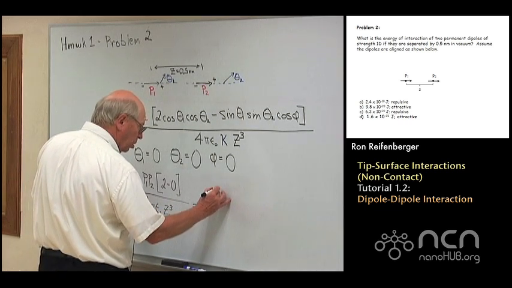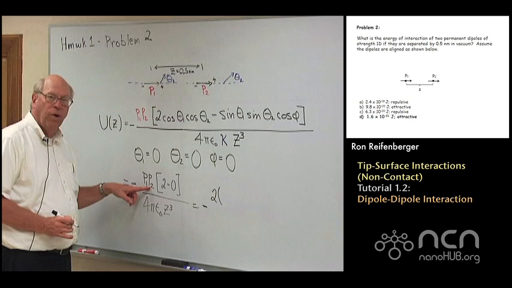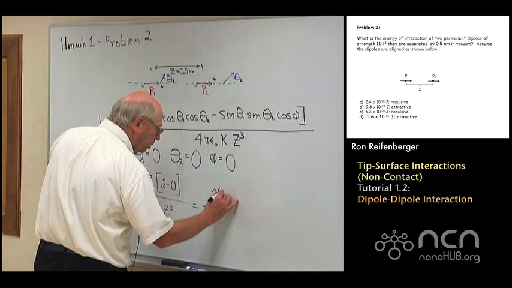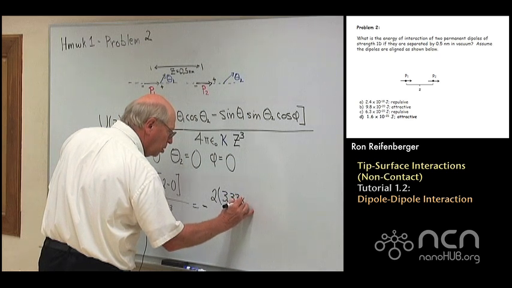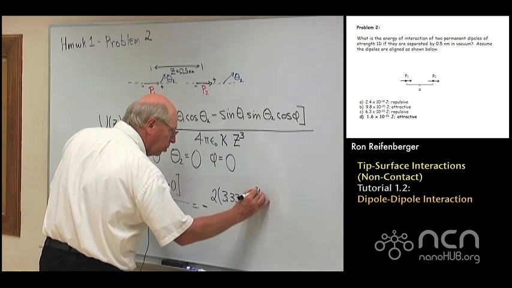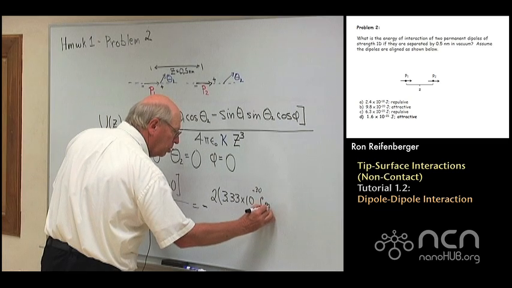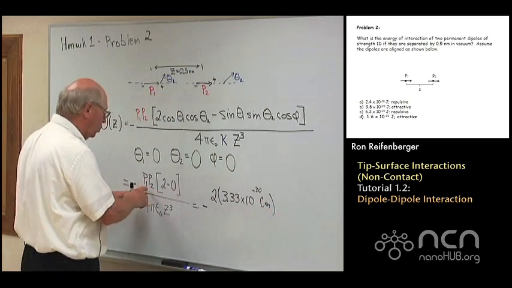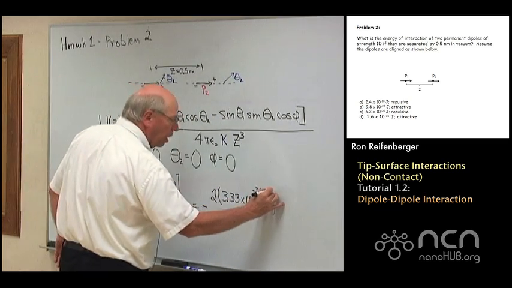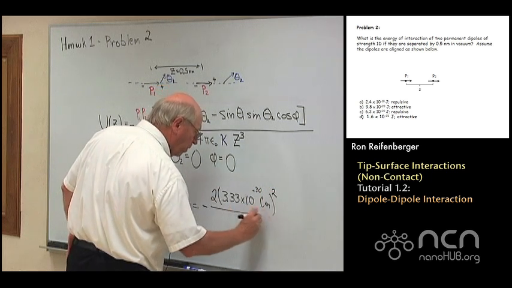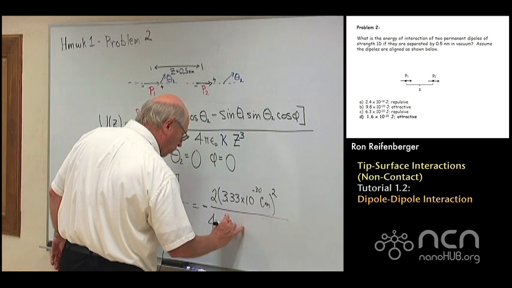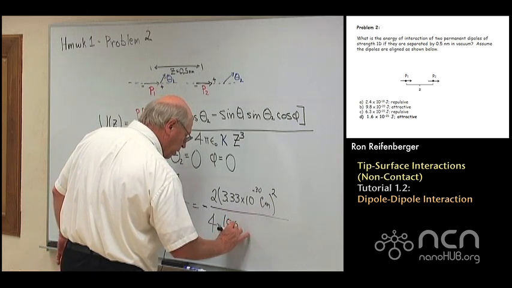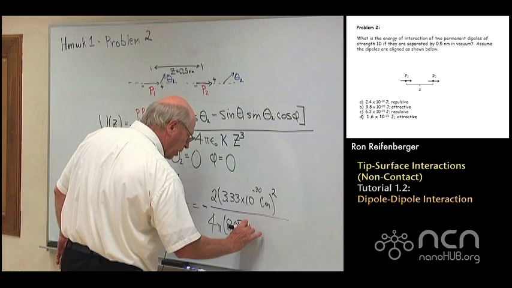We've got 2. A dipole moment of 1 debye is equivalent to 3.33 times 10 to the minus 30 coulomb meters. That quantity is squared because the dipole moments in this problem are both equal to one another. 4 pi is 4 pi. Epsilon naught is 8.85 times 10 to the minus 12.